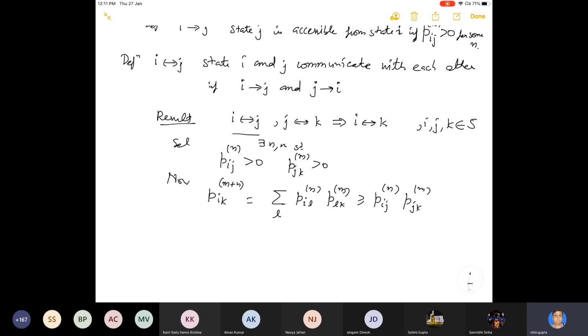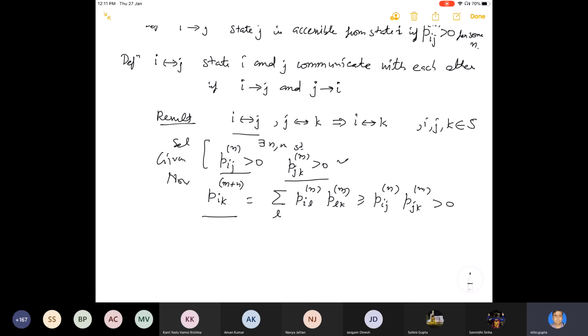But from here, because it is given, so this is this. Okay. So now if j is accessible from i, and k is accessible from j, then k is accessible from i.